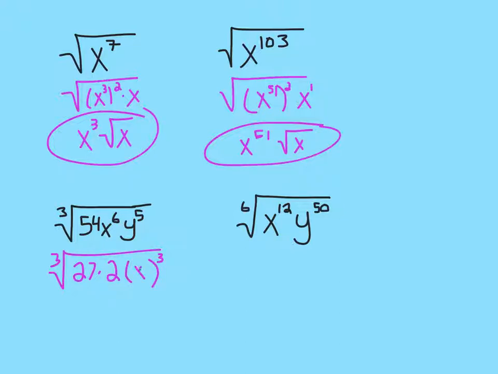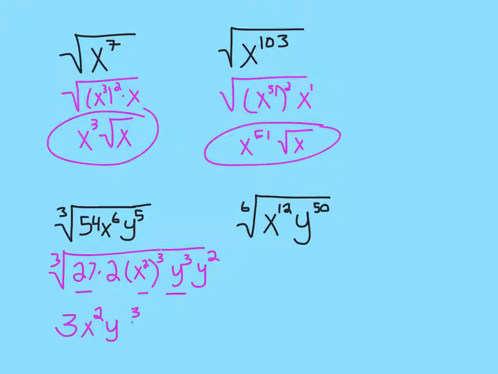Well, x squared cubed is x to the 6th. Then for my y's, I have a y cubed, but I still have 2 more y's left over. So if I look, I have a perfect cube 27, which gives me a 3 as a coefficient. I have a perfect cube x squared, which gives me an x squared as a coefficient. And I have a perfect cube y cubed, so I'll have a y on the outside.